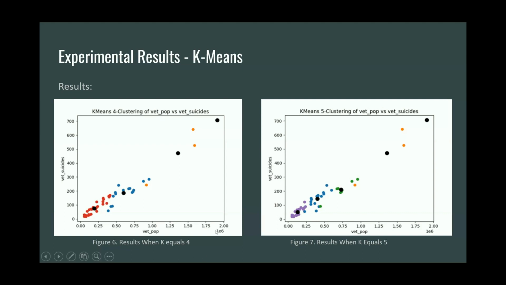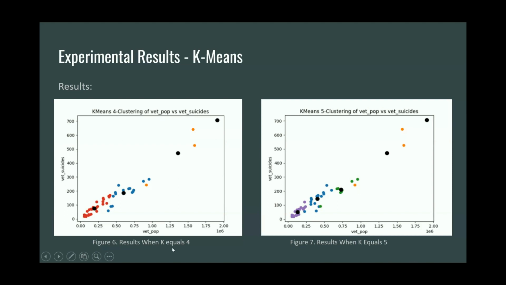So you can see the x-axis here is the numbers, times 10 to the power 6. You can see here, based on 2 million people, this is the cluster, about 700 actually committed suicide.